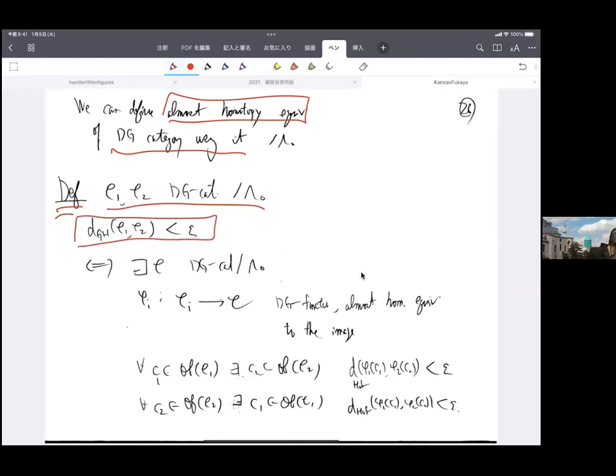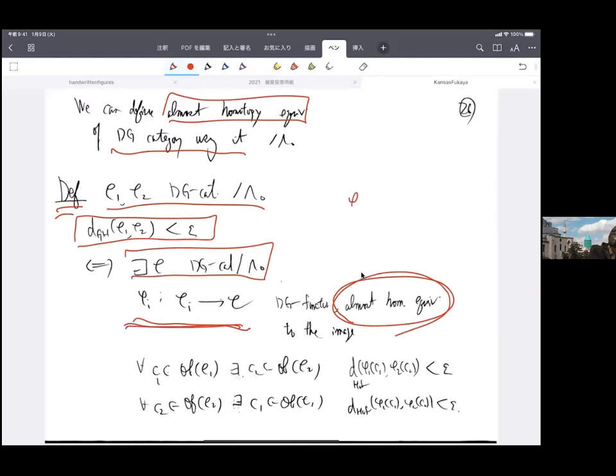The Gromov-Hausdorff distance is smaller than epsilon if there is a third infinity category with embeddings of DG categories which are almost homotopy equivalent, meaning chain homotopy equivalent up to epsilon, not honestly homotopy equivalent.